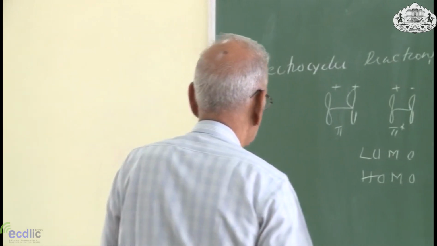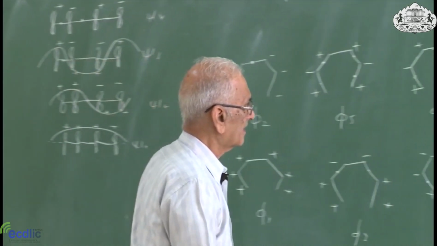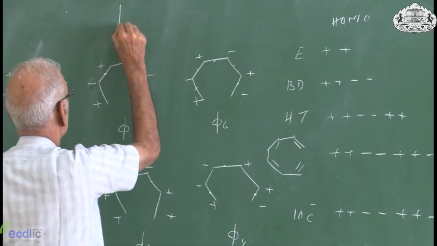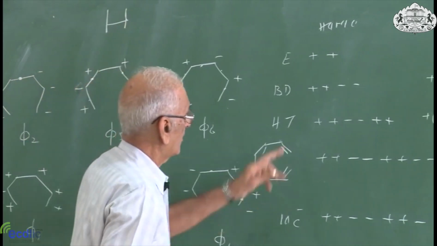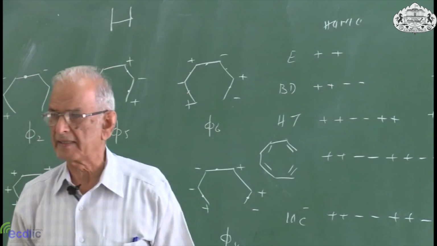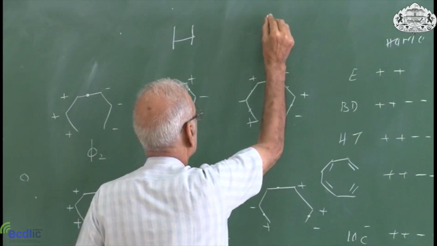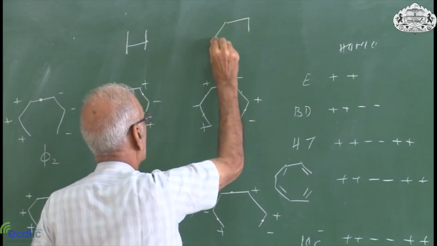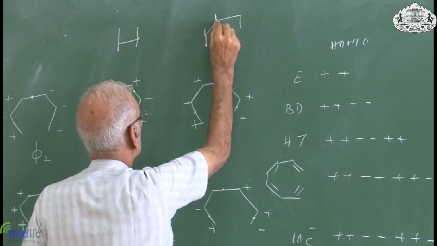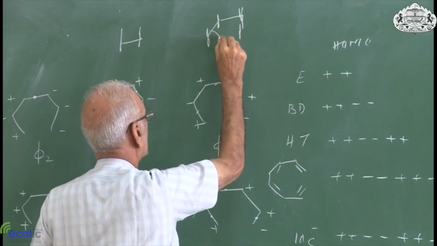All right. Now, let us look at something in this. What are the signs of the two end orbitals in butadiene, plus and minus? Okay. So, let me write it like this. Plus, plus, minus, minus.